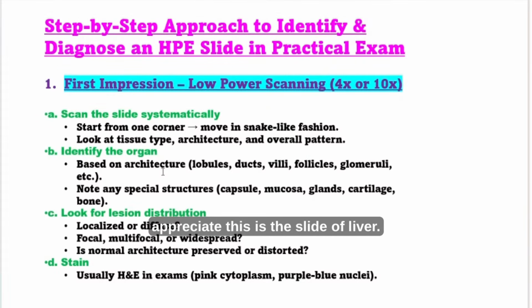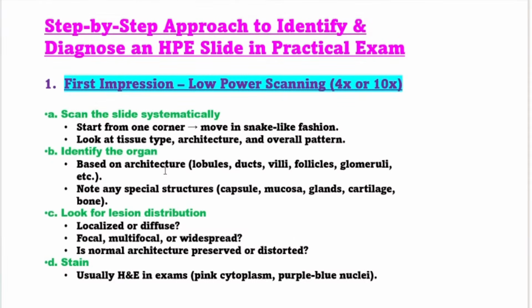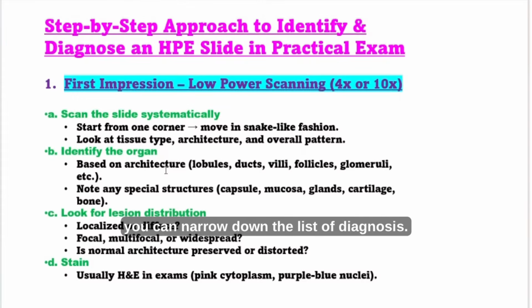Suppose you appreciate this is a slide of liver, then you know the mostly likely diagnoses are fatty liver, cirrhosis, hepatocellular carcinoma or hepatitis. So by identifying the organ, you can narrow down the list of diagnoses.